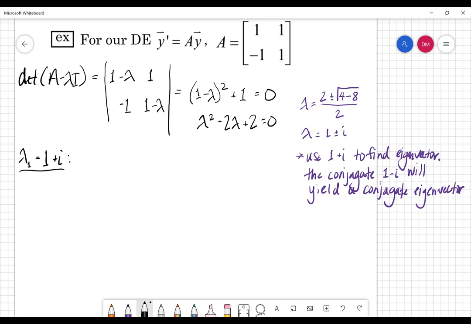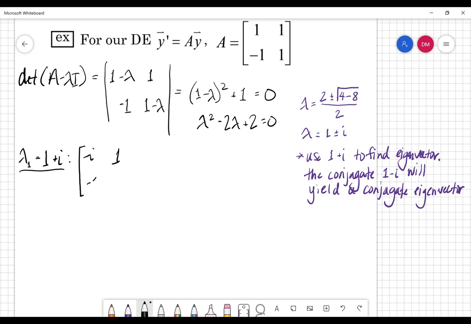Now, where some of this work is the same is nice, where we go to plug this in. Our general solution will obviously look a little different because we have these complex pairs, but we will cross that bridge in a minute. So if we do 1 minus our lambda, which is 1 plus i, we get a negative i left over.